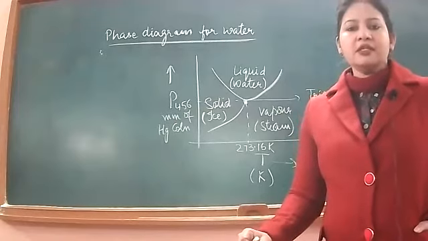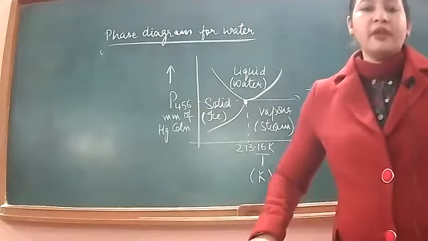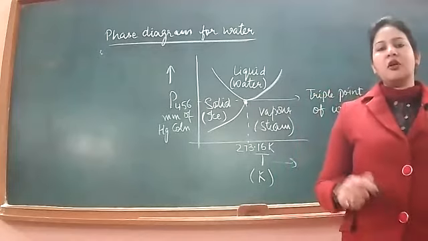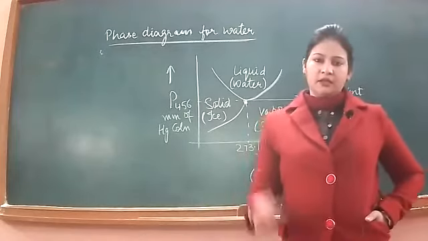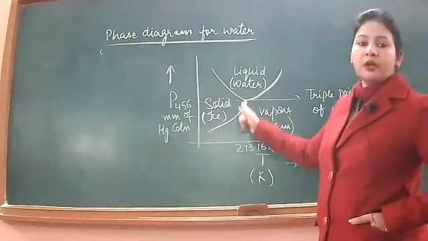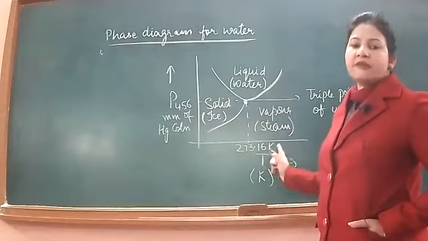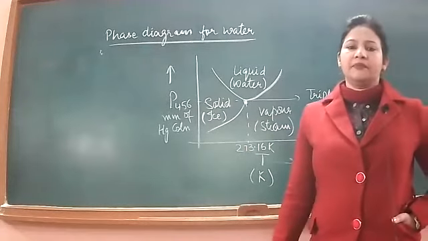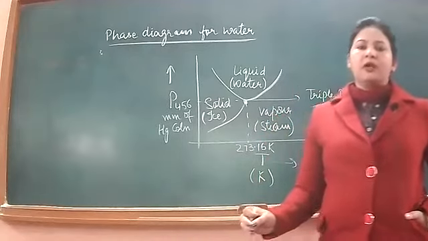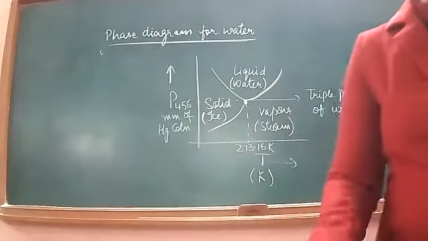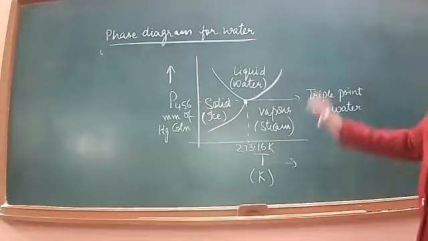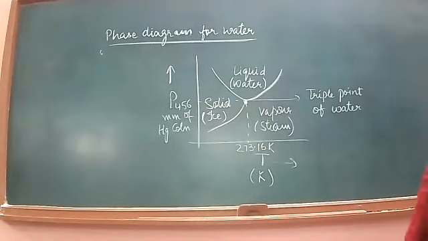So 1 Kelvin is the 1/273.16th part of the thermodynamic temperature of the triple point of water. That was it. And now what is the temperature of the triple point of water? That is 273.16 Kelvin. So only at this temperature will this triple point exist. Otherwise, it will not exist, right? So you just need to see the phase diagram for water once.